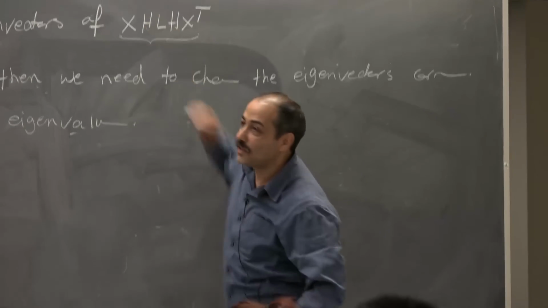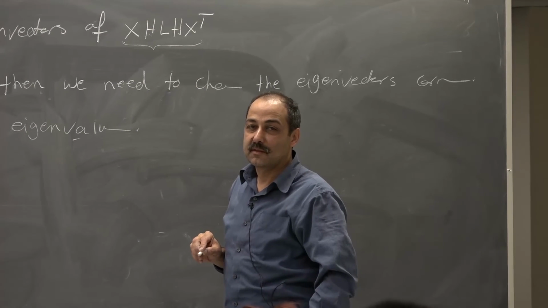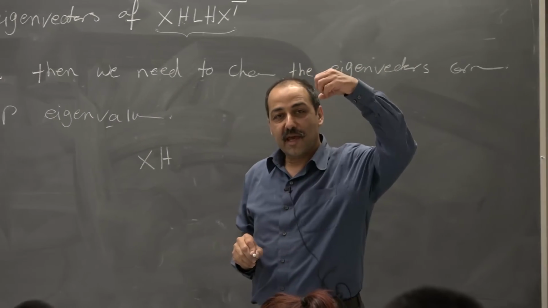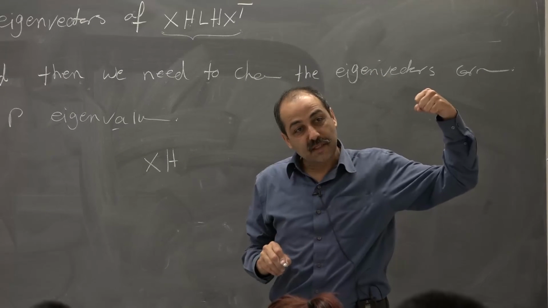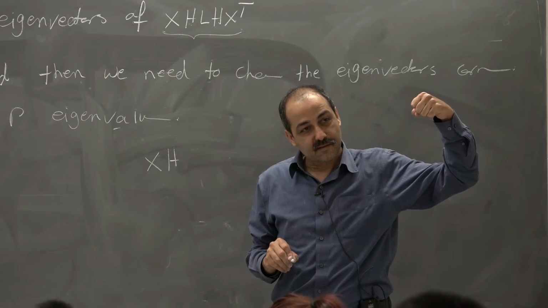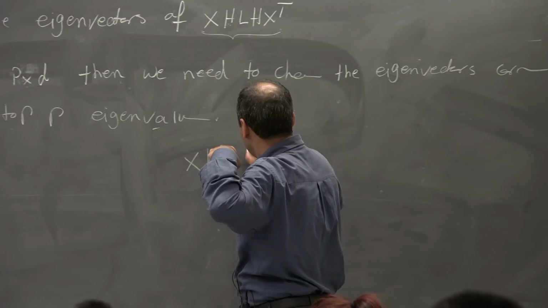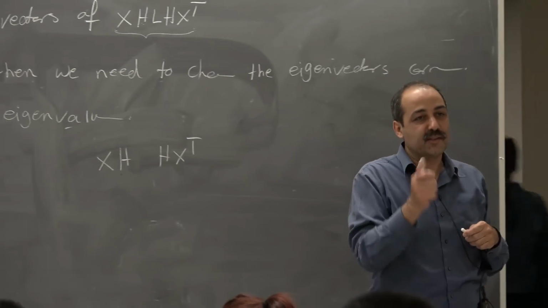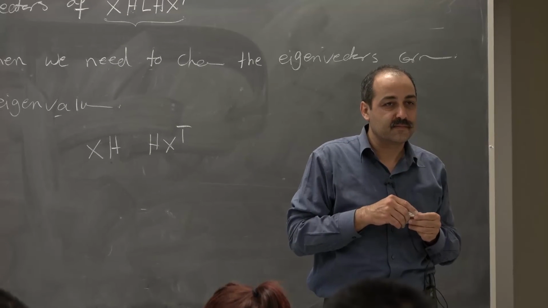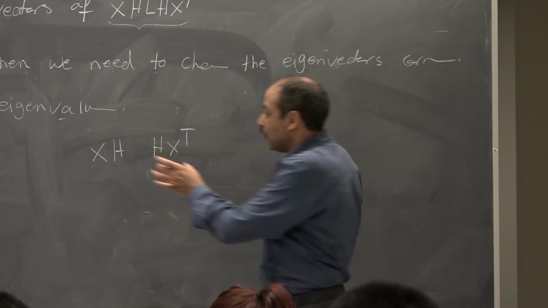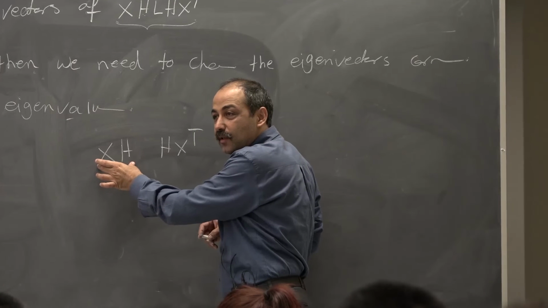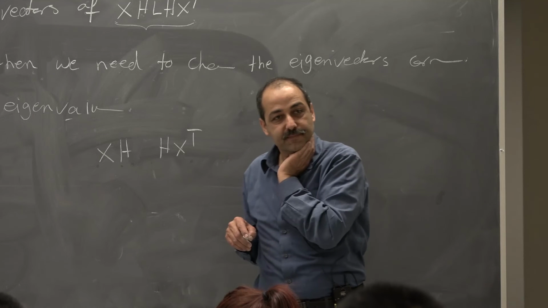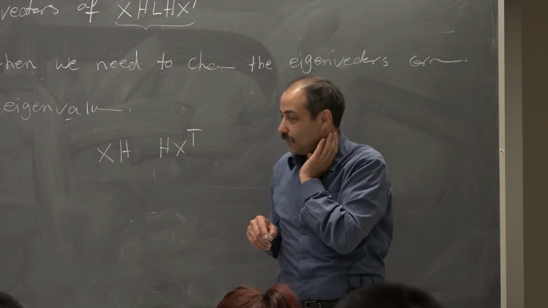I told you H is centering matrix. So XH means X when you remove the mean of X. And X transpose is just a transpose of this because H transpose and H are the same. So it's X when you remove the mean of that times the transpose of X. Okay?